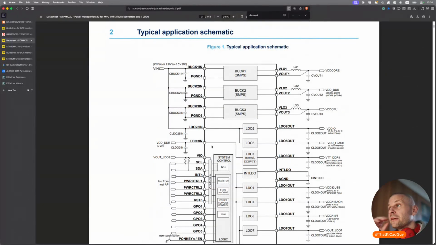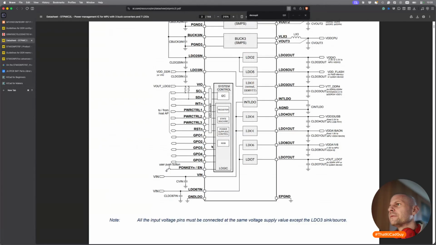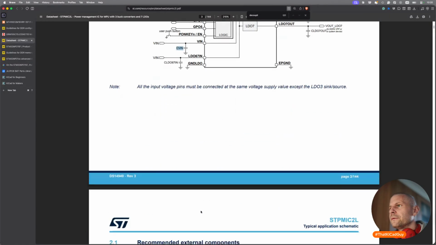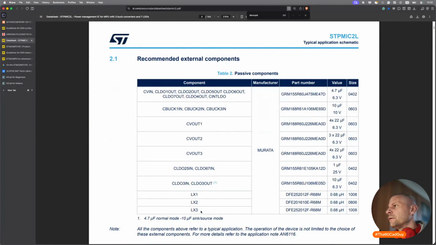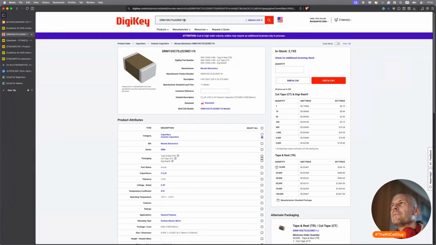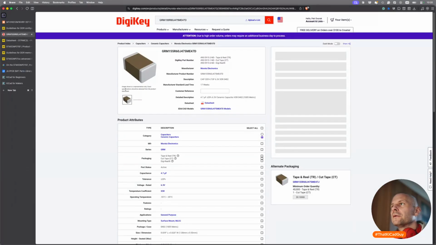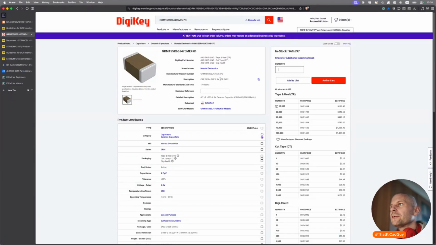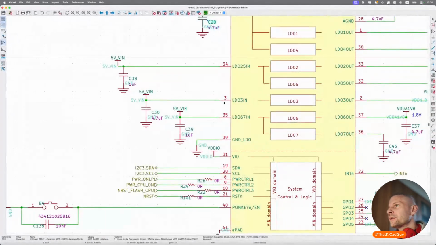Why such a difference in it? Here, CVIN. Okay, we can follow, and they are even the recommended part numbers. Probably not something that we should use. Yeah, definitely we have a better one. This is X5R and we have X7S.